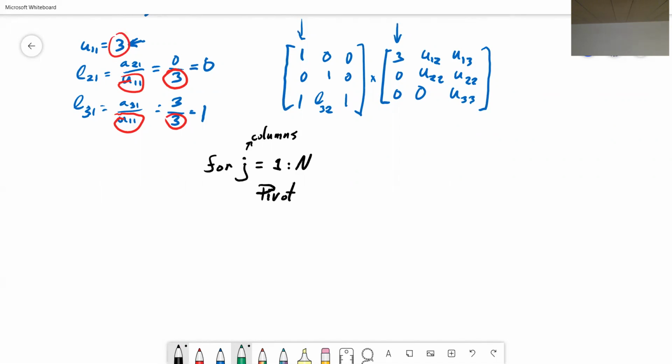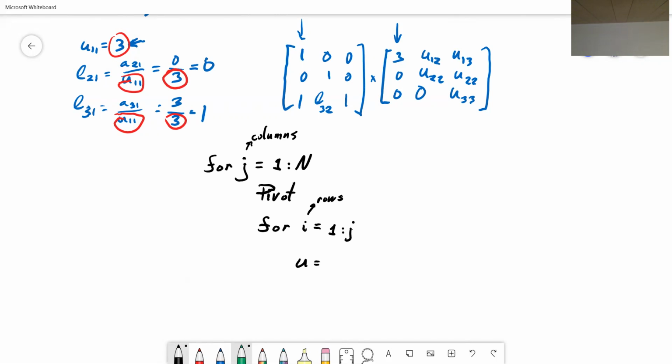Okay, sorry about that. I'm just looking through my notes. So we will start our second loop for i, which will be counting the rows, equals 1 through j, 1 through the actual column until which we are currently in. So why is that? Here we'll be solving for u.